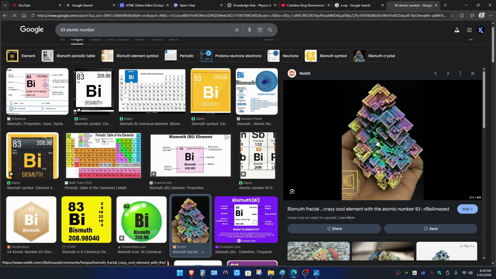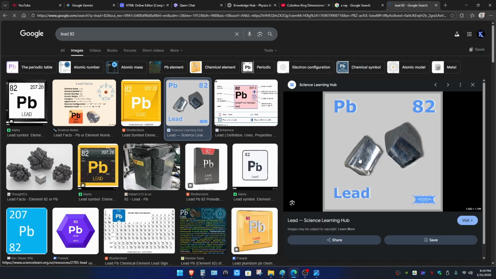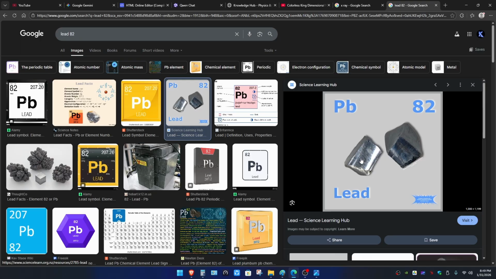You can always melt bismuth and it will always form this. Okay, but if you melt lead, 82, you can basically mold lead whatever way you want, but you can't do the same naturally with bismuth.